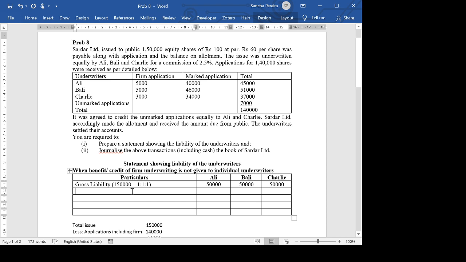Next we have less marked applications. Marked applications are 40, 46 and 34, that is 40,000, 46,000 and 34,000.